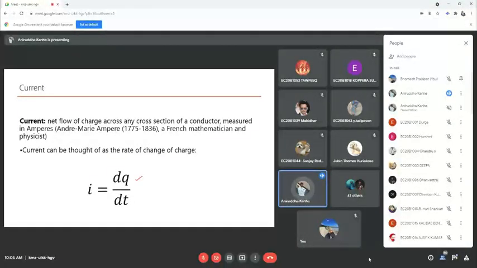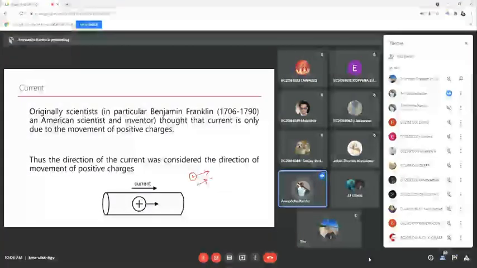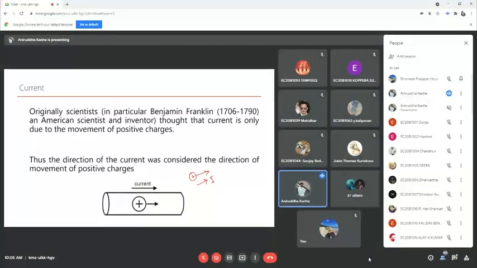And the unit is given as ampere, that is A. Now, originally the current was considered as because of the movement of positive charges, and that is why the current direction was also considered in the same way. But later they found that there is nothing called positive charges in the conductor. There is something called the electron, which carries negative charge, and that flows opposite to the current, and hence the current convention has been changed.